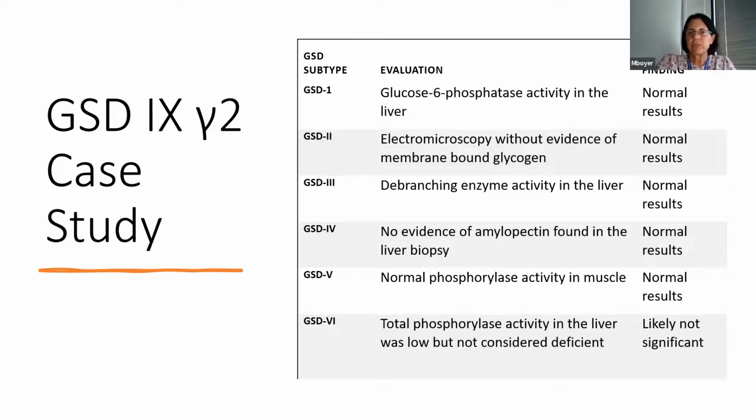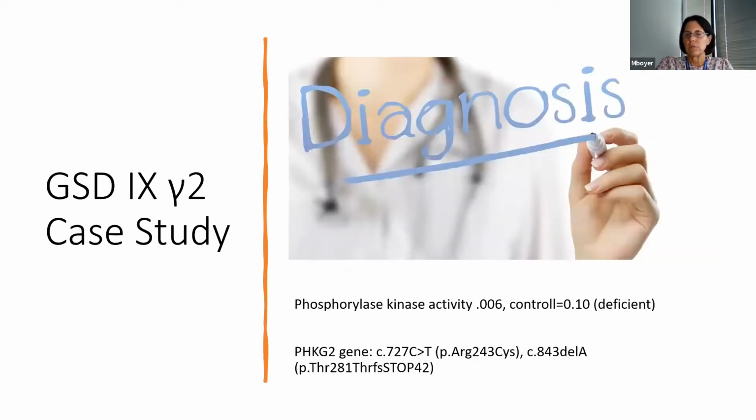Biochemical evaluation was significant for fasting ketosis with beta hydroxybutyrate as high as 18.5 milligrams per deciliter. A GSD was suspected, and tissue samples were sent to Duke University, and GSD types 1 through 6 were systematically evaluated and ruled out.